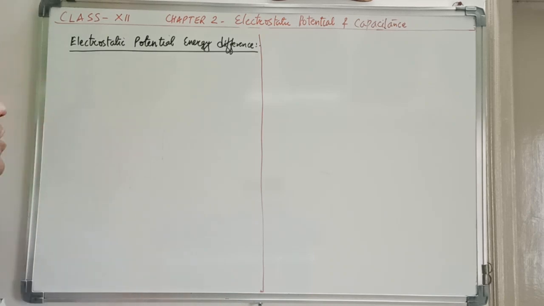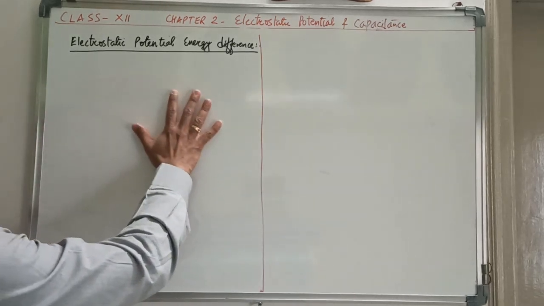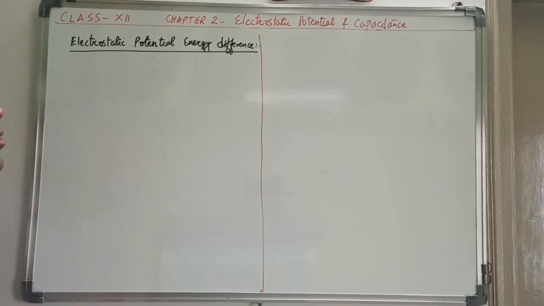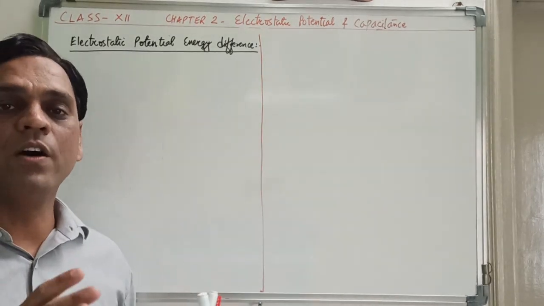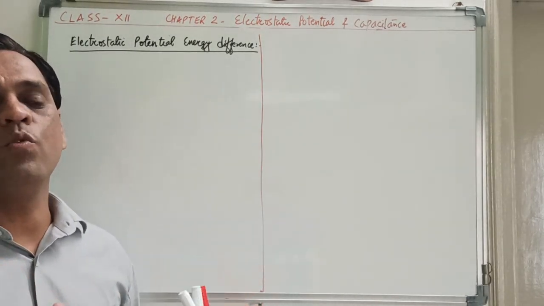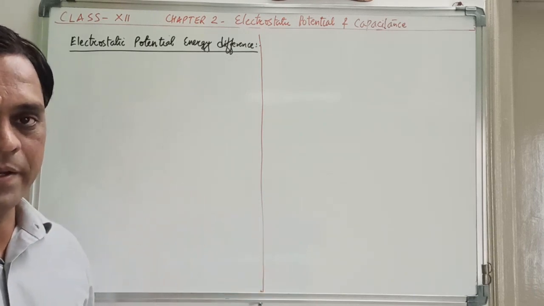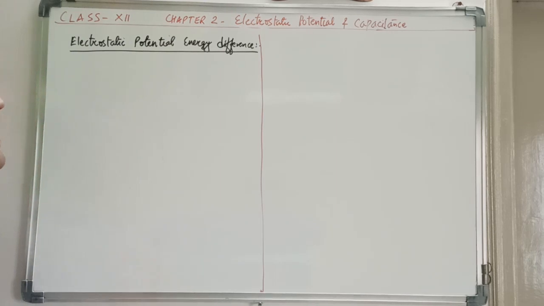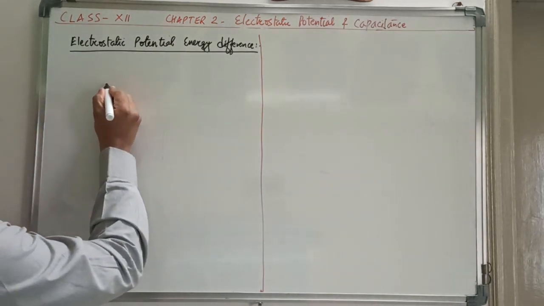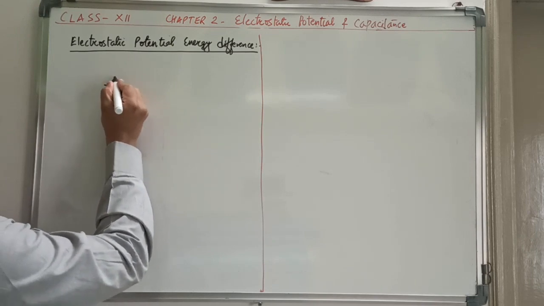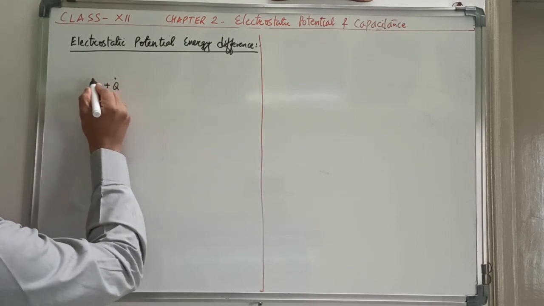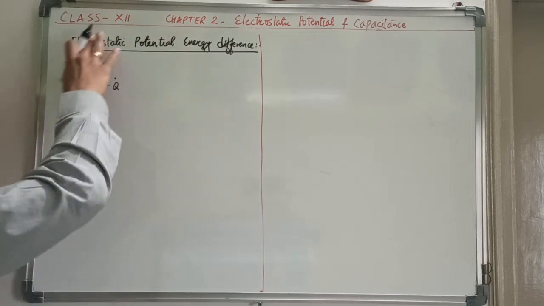Correct? So first we try to find the relation between the electrostatic potential energy and the work done whenever a charge is moved in an electric field configuration from one part to another. For that, we take a source charge, let this be a source charge Q, then certainly this source charge will produce some electric field in its surrounding.